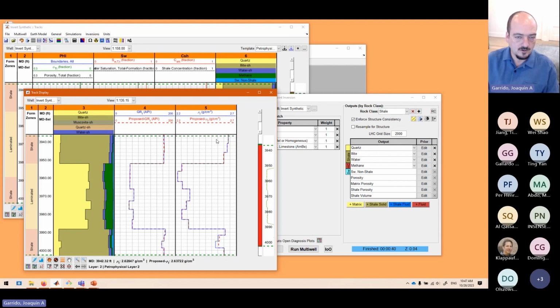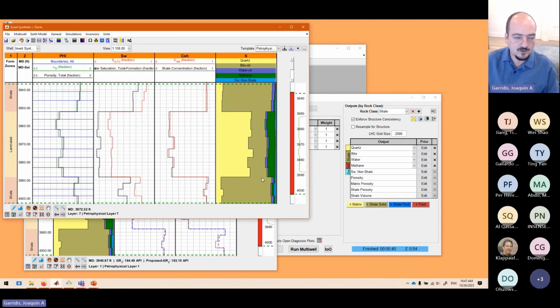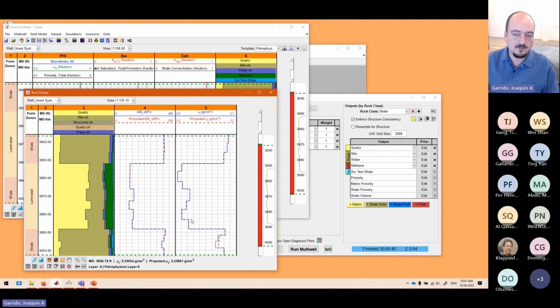And the same thing for density. Then in dashed is what the gamma ray would be if the composition that our algorithm is proposing was the real one. So you run the calculations just like we did when we were building the synthetic case.